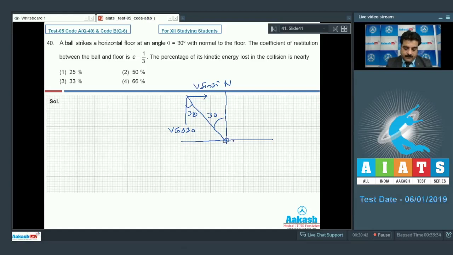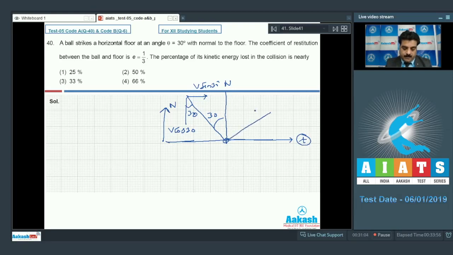This is the tangential axis and this one is the normal axis. You know from the concept of oblique collision, there is no change in velocity along the tangential axis if the surfaces are smooth, and the velocity will change along the normal axis only.